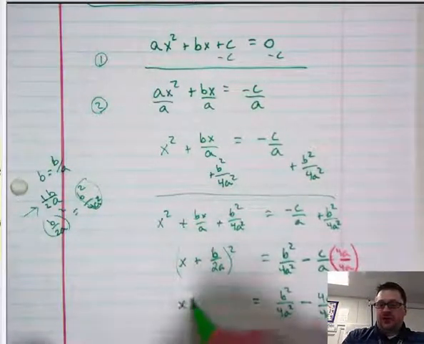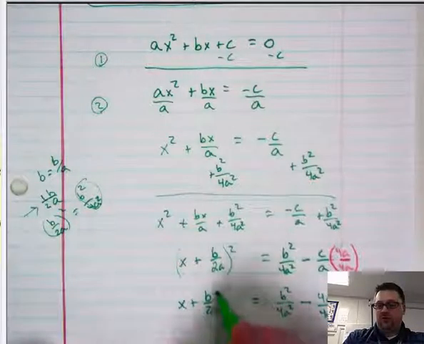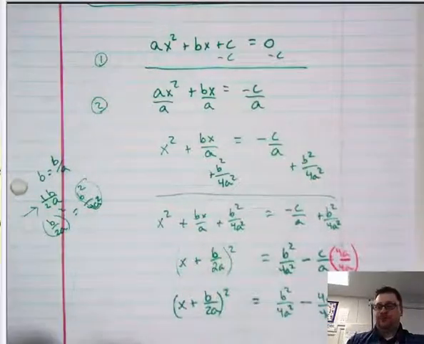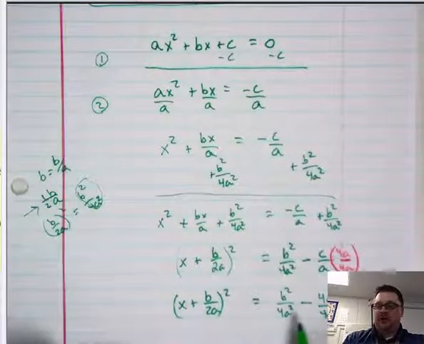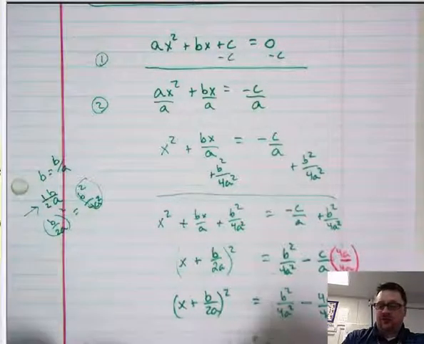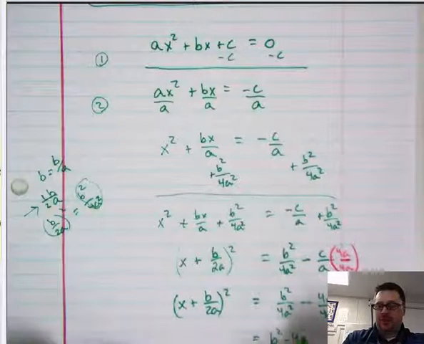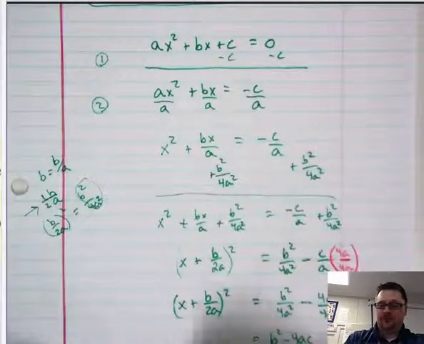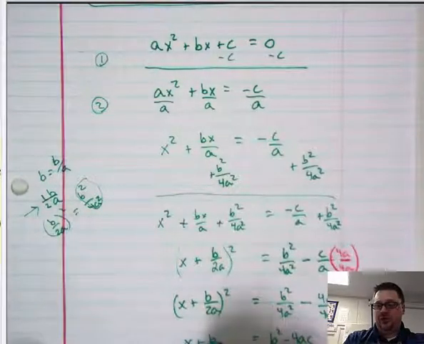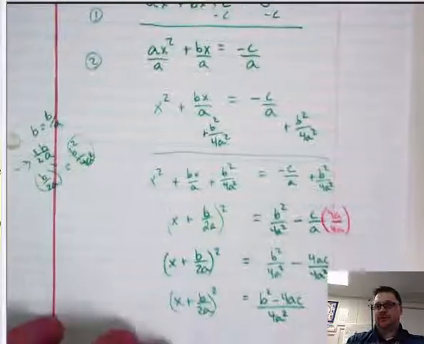This is going to equal x plus b over 2a, squared. Since these are common denominators, I can put this together. So this will be b squared minus 4ac over 4a squared, and this is x plus b over 2a, squared.